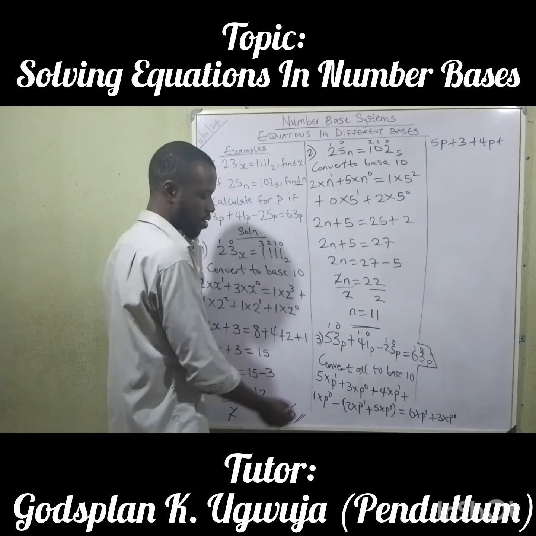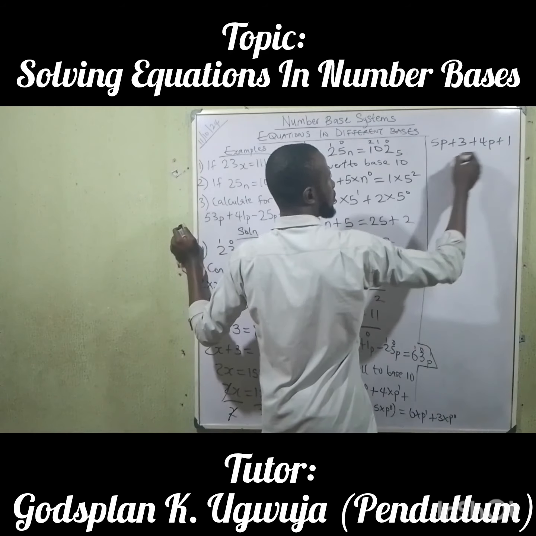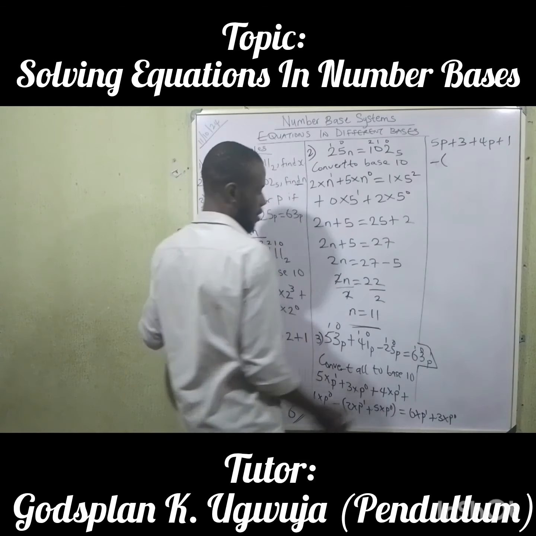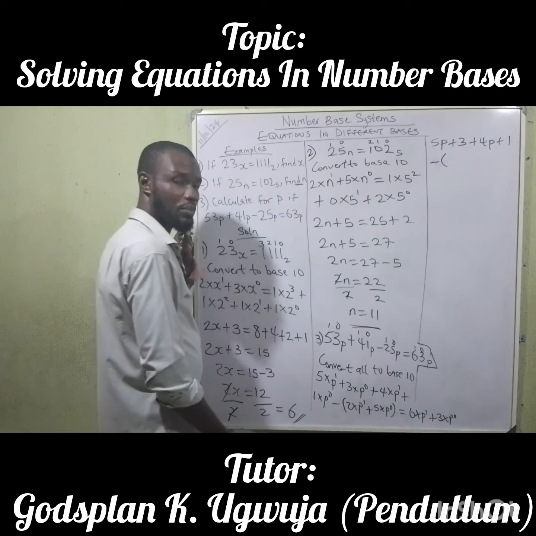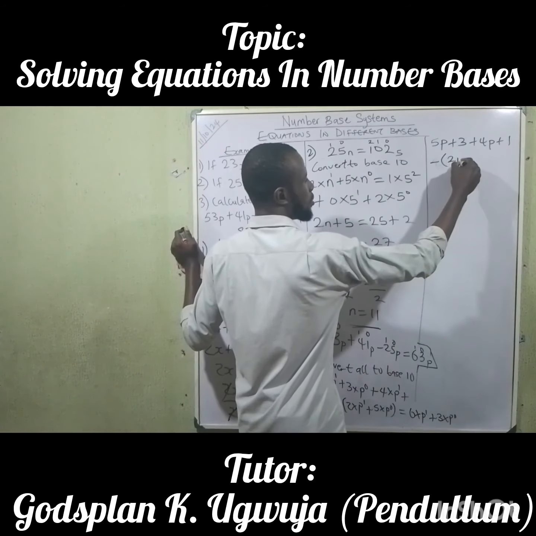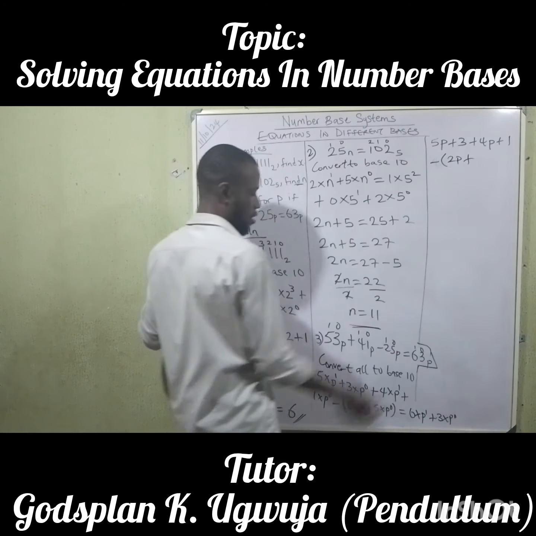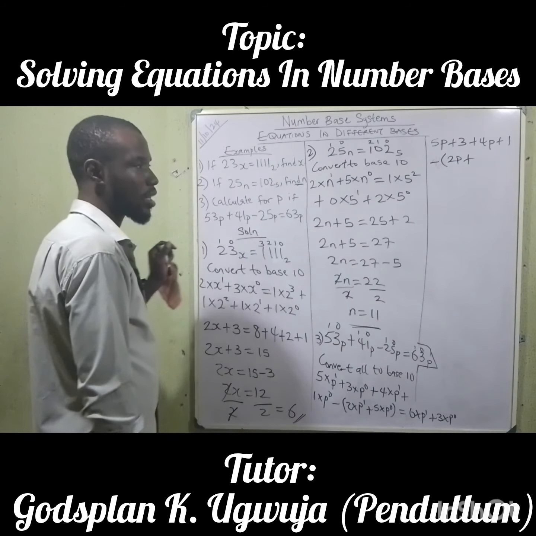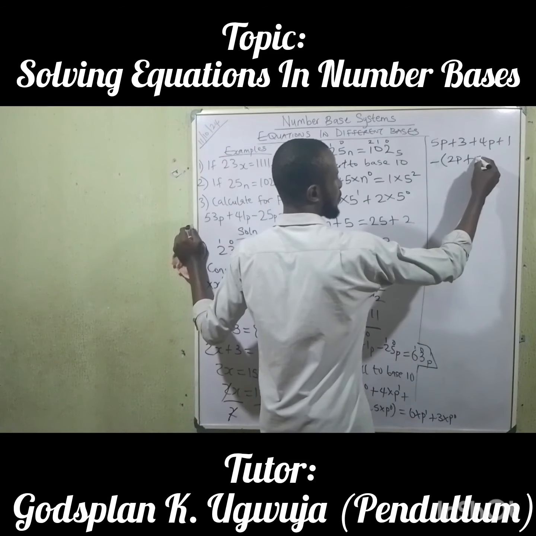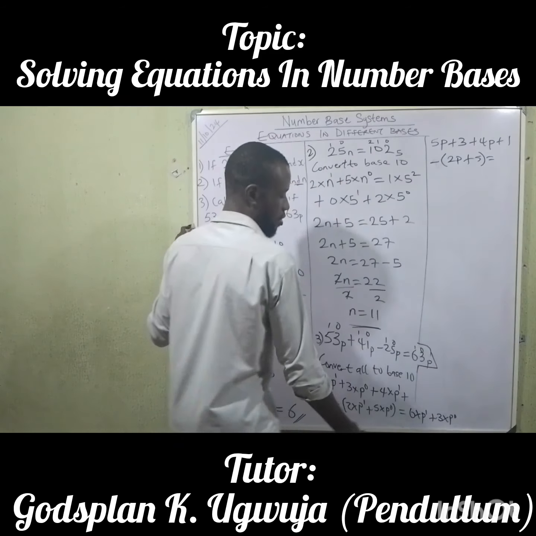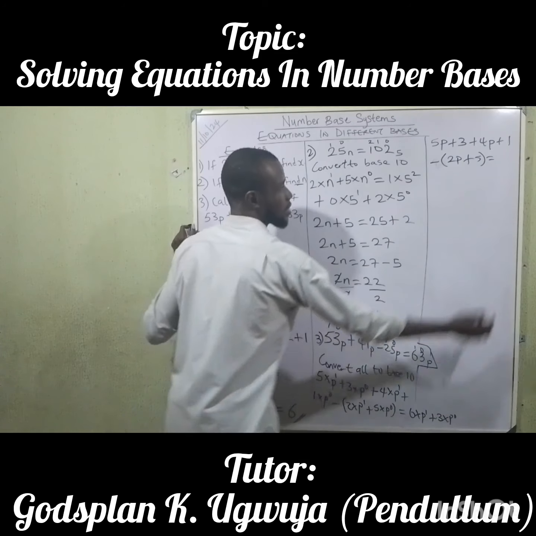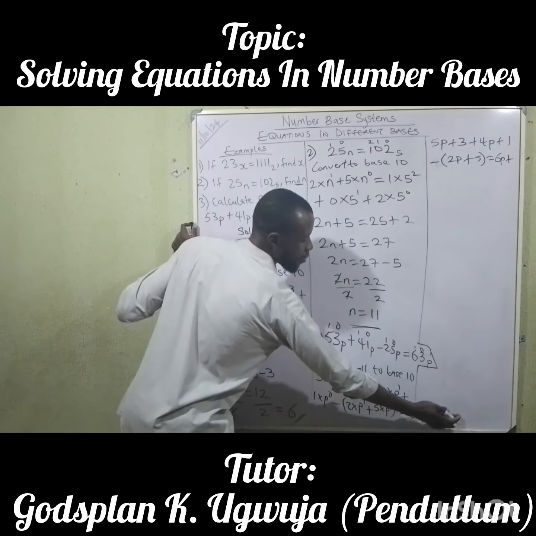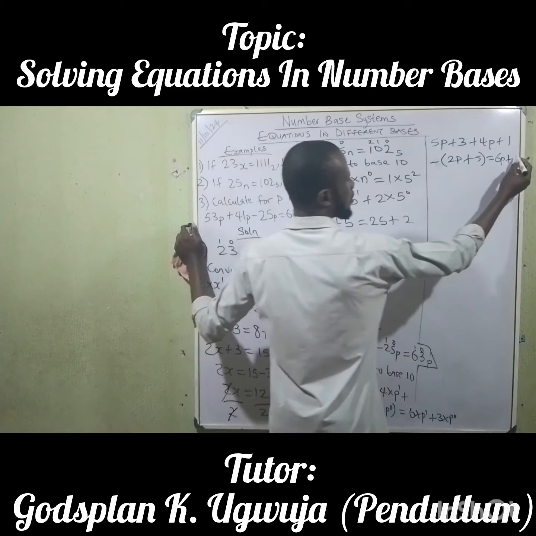Any number raised to the power 0 is 1. 1 times 1, 1 plus, okay, minus bracket. P raised to the power 1 is p times 2, 2p plus p raised to the power 0, that's here. P raised to the power 0 is 1. 1 times 5, 5 is equal to p raised to the power 1 is p times 6, 6p plus p raised to the power 0 is 1. 1 times 3, 3.